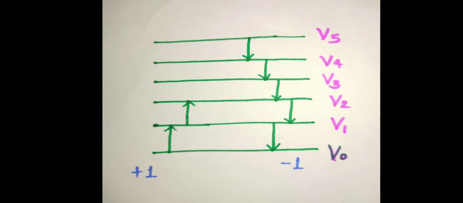See here in the structure: +1, -1, V0, V1, V2 up to V5. First we study +1. +1 means energy is absorbed. +1 is energy absorption; -1 is energy release, energy reduction, energy emission.